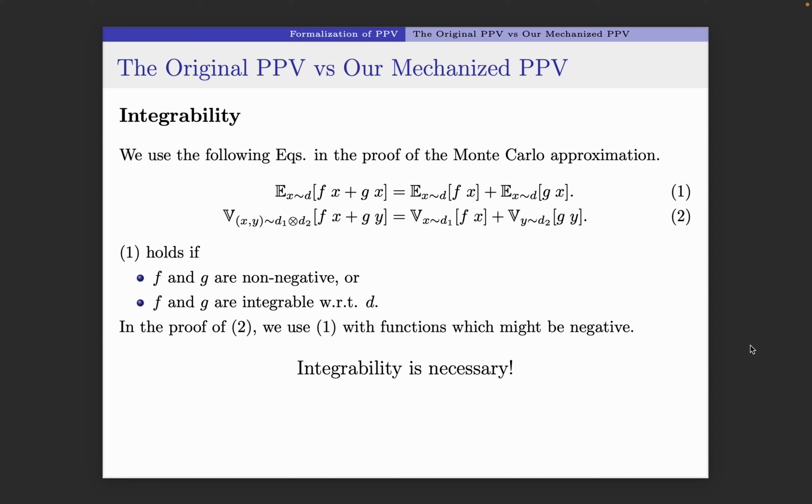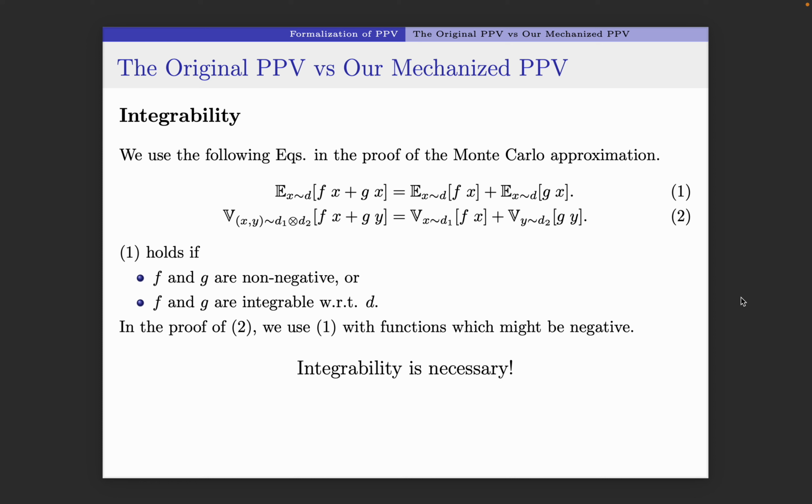And another important difference is integrability. We use those two equations in the proof of the Monte Carlo approximation. The first equation, called the linearity of expectation, holds if both f and g are non-negative, or both f and g are integrable with respect to d.